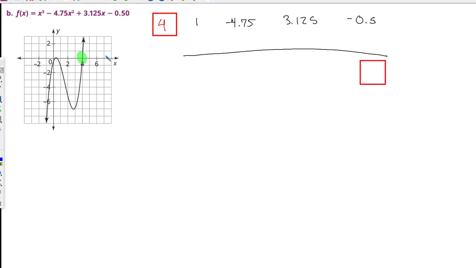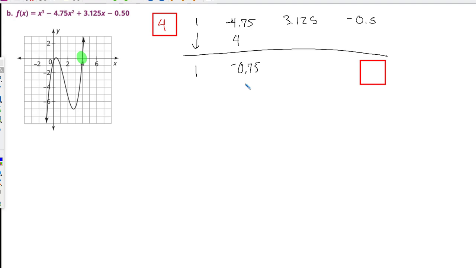And so we're going to drop the first. Multiply gives me 4. Add gives me negative 75 hundredths. So 4 times 75 hundredths, 2 of it's going to be 1.50.